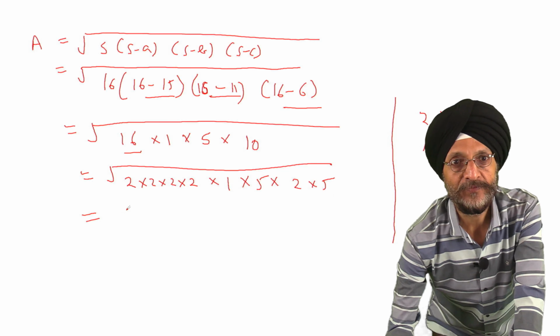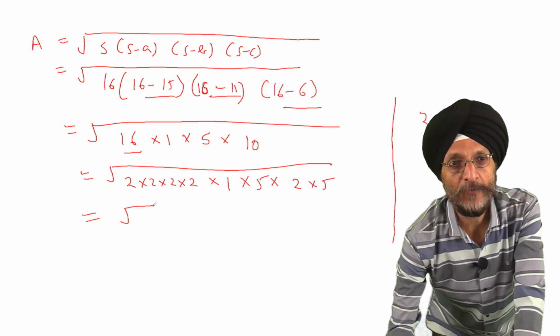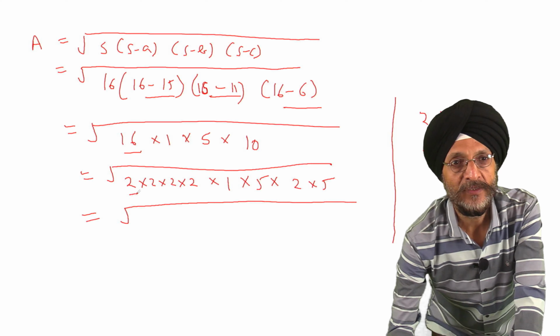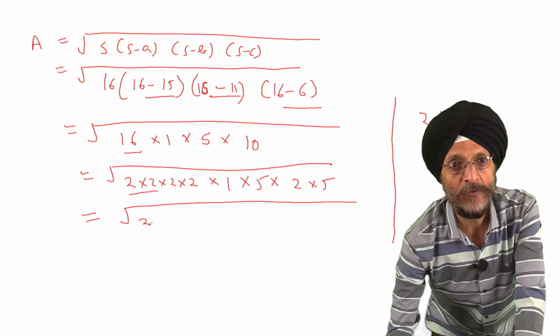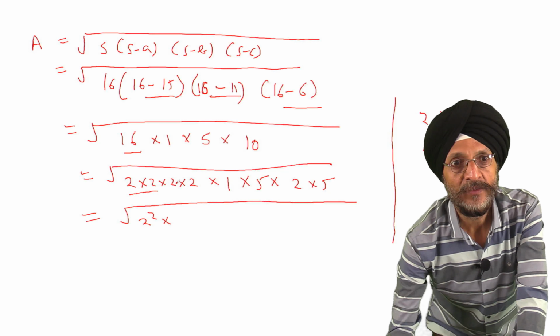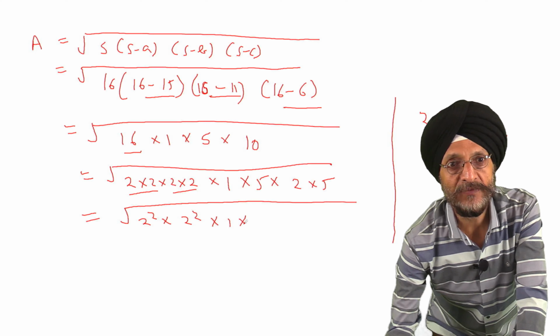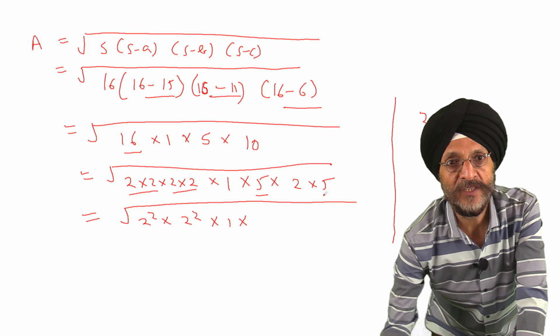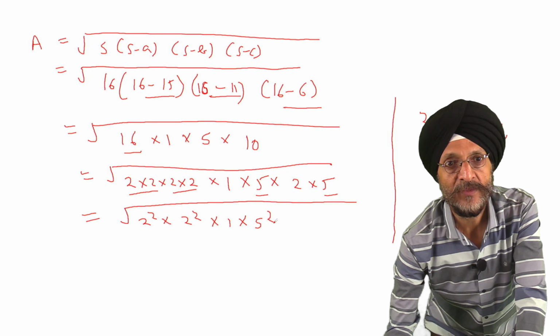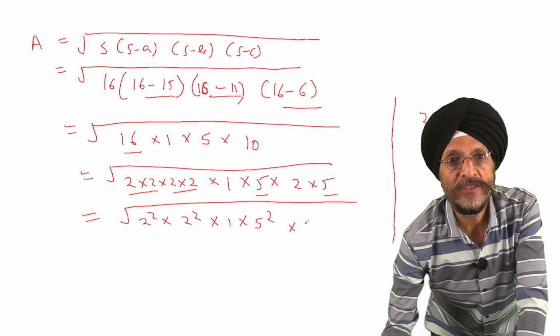So here you will find that this is the square of 2, this is again the square of 2. Here 1 will remain as 1, this is the square of 5, and this is 2.